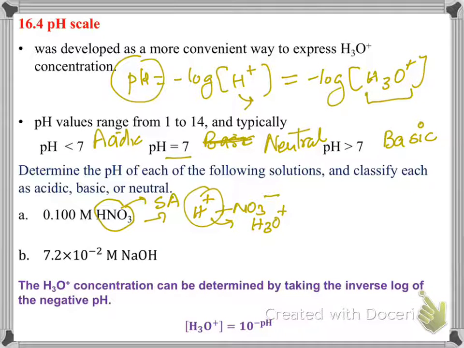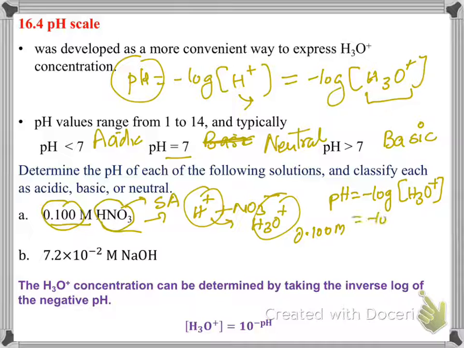So if the concentration of nitric acid is 0.100 molar, then the concentration of hydronium ions will also be 0.100 molar, because all of the H plus is getting converted into hydronium ions. So I can straight away use the formula, negative log of hydronium ions, negative log of 0.100, and the answer will be 1. Negative log of 0.1 is 1. So if pH is 1, the solution is acidic.